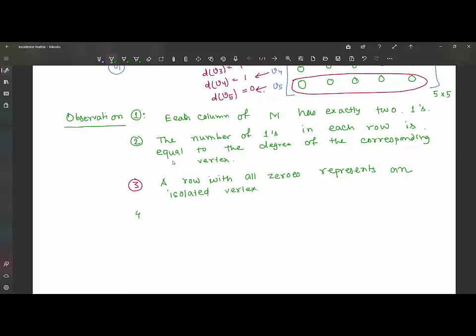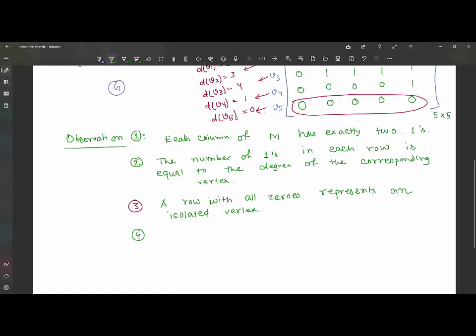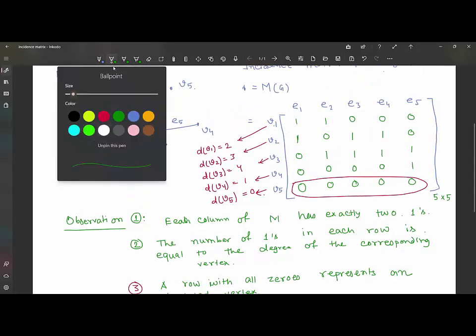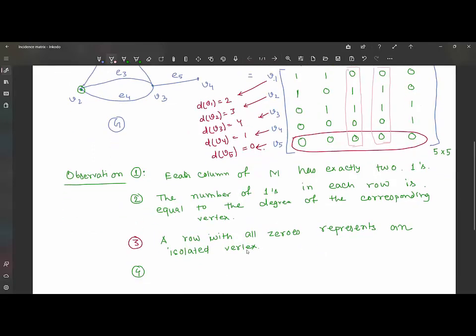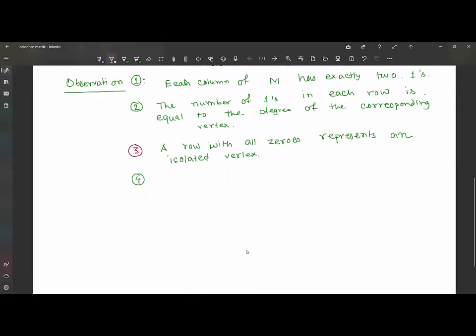Okay. Number 4, now we come to the parallel edges. Here you can see that E3 and E4 are parallel edges, and corresponding to E3 and E4 we get identical columns. So these two columns are exactly identical. So corresponding to parallel edges in a graph, you will get identical columns in your matrix.